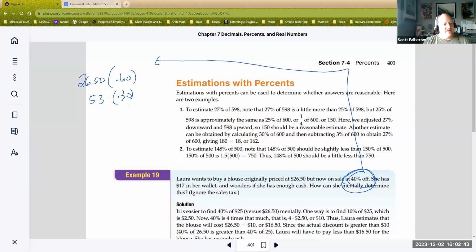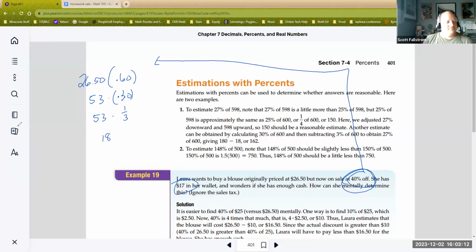Now, if I want to estimate this, 30% is pretty close to a third. And a third of 53 is a little bit challenging to do. So I might do a third of 54, which would be 18, and say a little bit less than that. But from this quick estimate, I'd say she's in trouble. Not going to happen. Sorry, Laura.